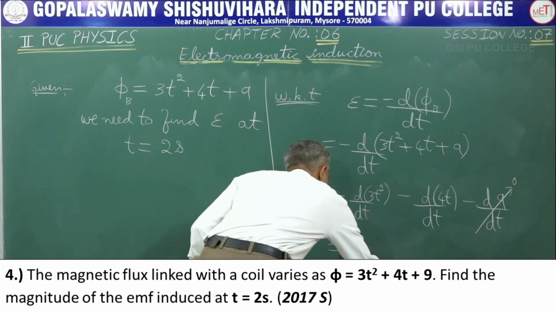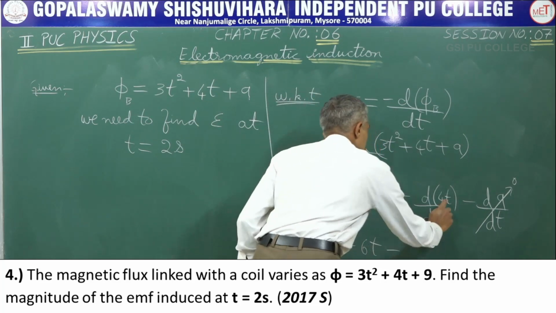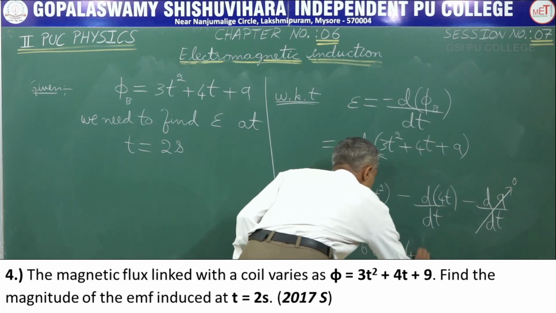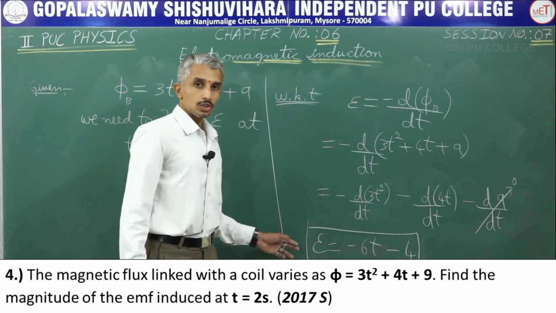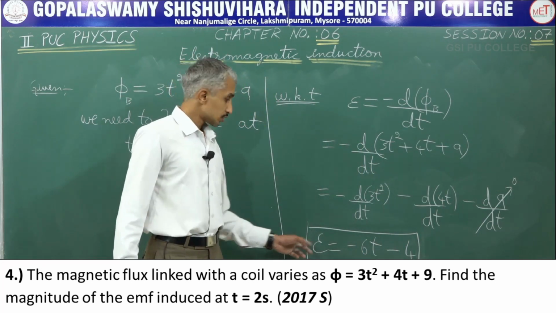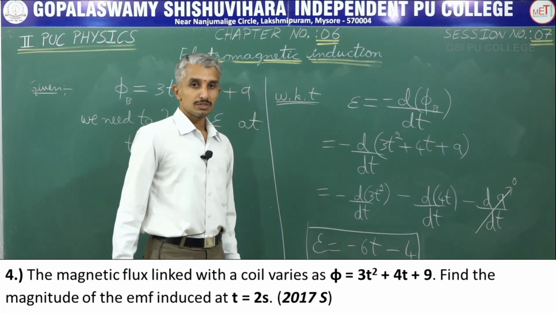Differentiation of 3t square, I'll get it as minus 6t, minus differentiation of 4t, I'll get it as 4. So I got the equation for the induced EMF, which is time dependent. Now just substitute 2 in the place of the time, we will get the EMF induced.